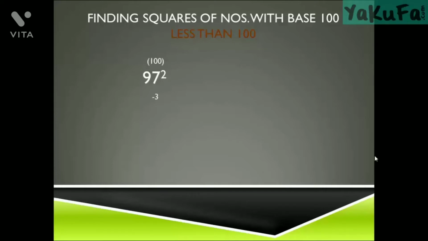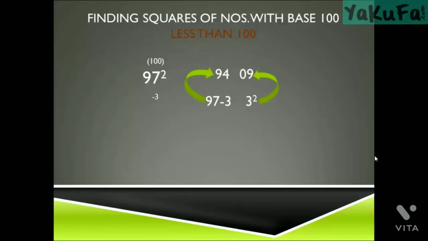We first square the difference, that is 3 square is 9, and now we subtract this 3 from 97, and the answer is 94. So here you go, 9409 is the square of 97.